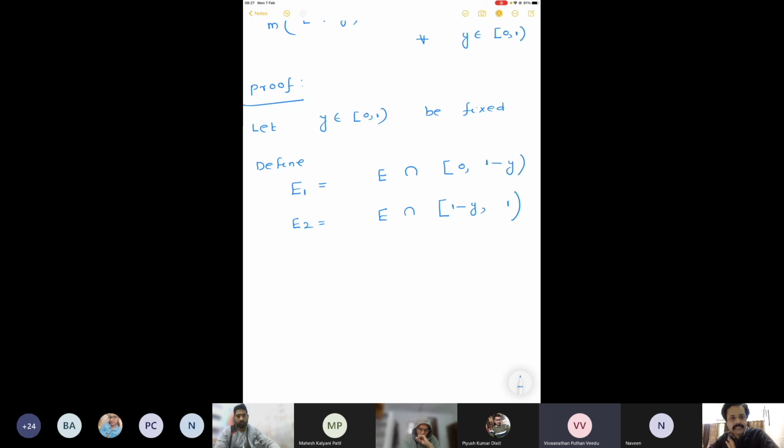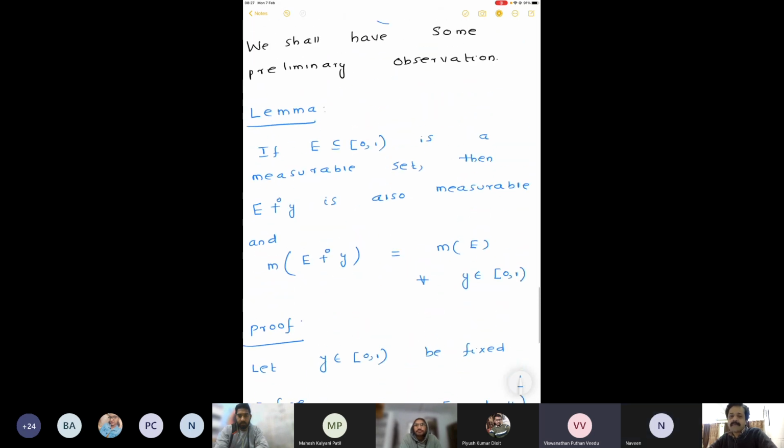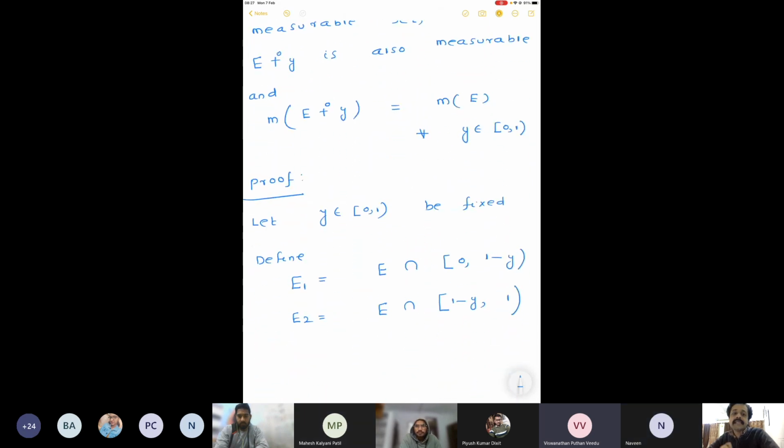Do you see that E1 and E2 are measurable? Yes, sir. The hypothesis of the lemma is that E is measurable, and we know that intervals are measurable. And we know that measurable sets form a sigma algebra, and therefore the intersection of two measurable sets is measurable. Okay. And do you see that the union of E1 and E2 is E? Yes, sir.